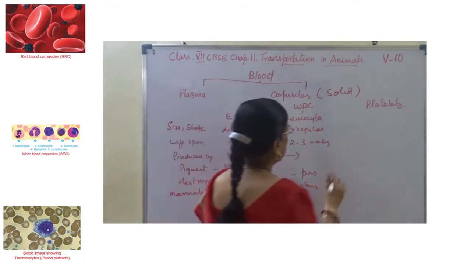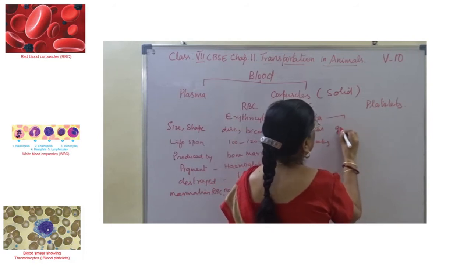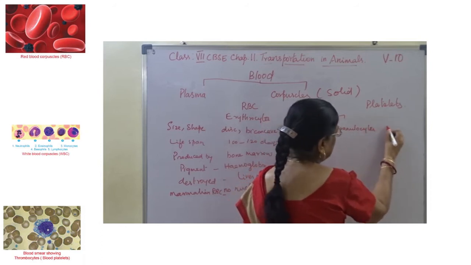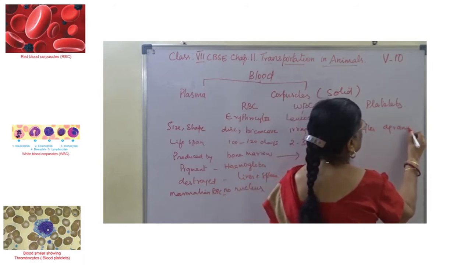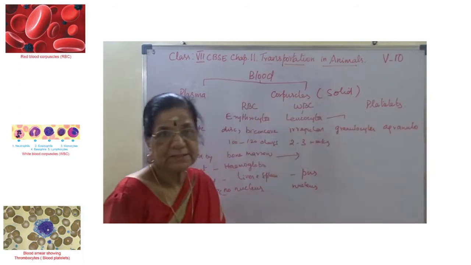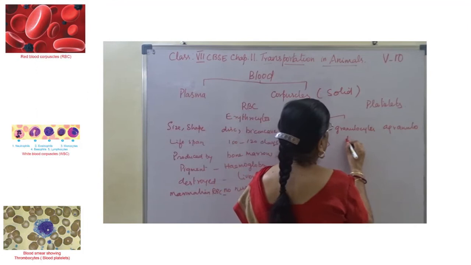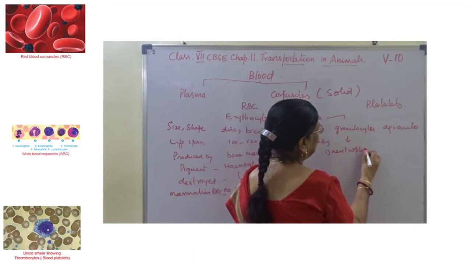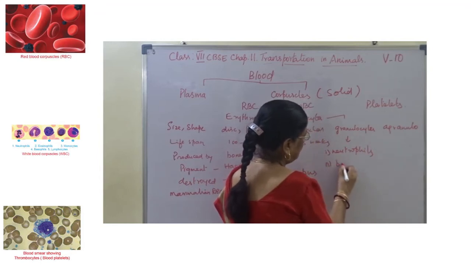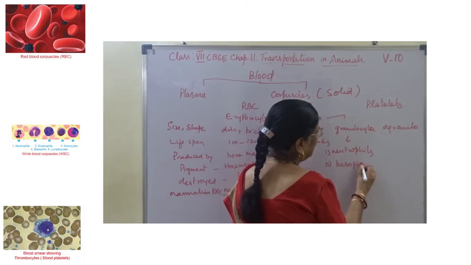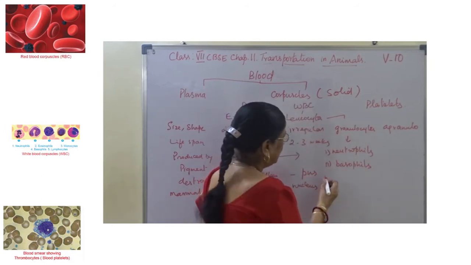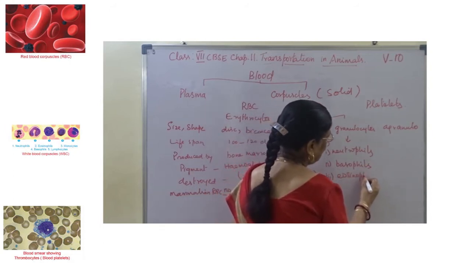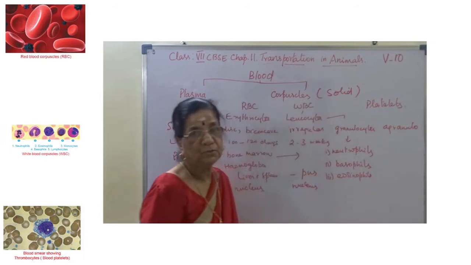Now the WBC, or leukocyte, is of two types: granulocytes and agranulocytes. Granulocytes are of three types: neutrophils, basophils and eosinophils.